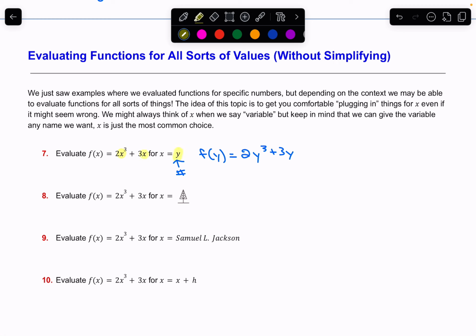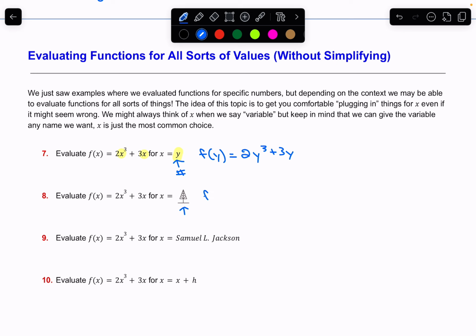Now we're going to take that same function, f of x equals 2x cubed plus 3x, but now we're going to plug in x equals tree. I literally drew a little tree here, and we're going to set x equal to that tree. Now, my doodle is not going to be quite as good as that doodle, but it's the same idea as what we just did for f of y.